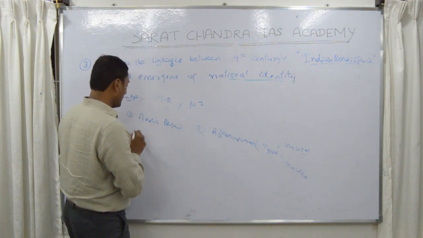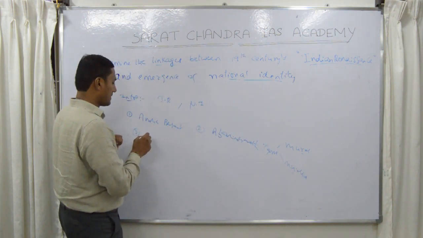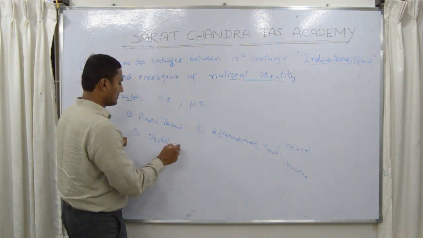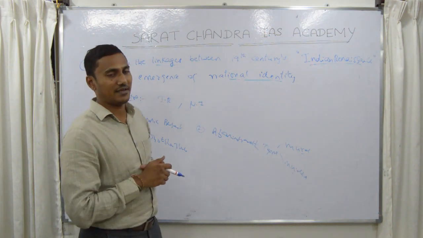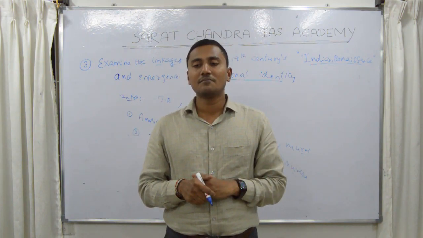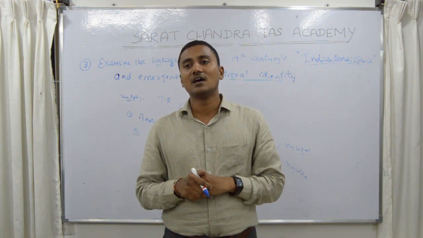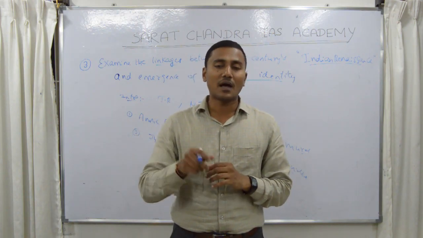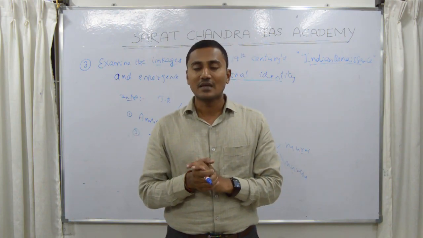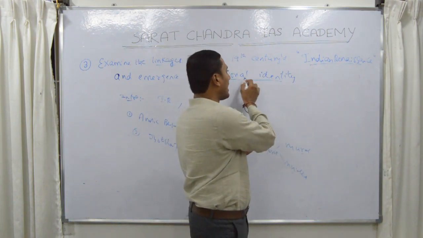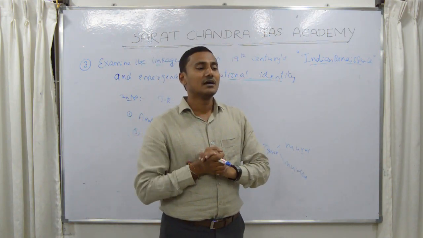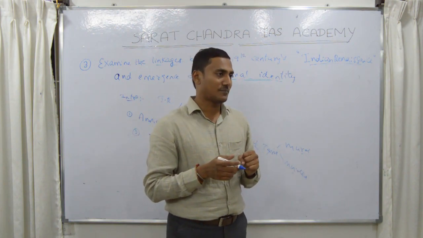Similarly, we can talk about Jyotirao Phule. Jyotirao Phule created the Satyashodhak Samaj. There, he mostly fought against the domination of the upper caste, the Brahmanical domination, wherein he was able to unite all the depressed classes. This actually created a national identity among the depressed classes, and they could try to fight for their justice.